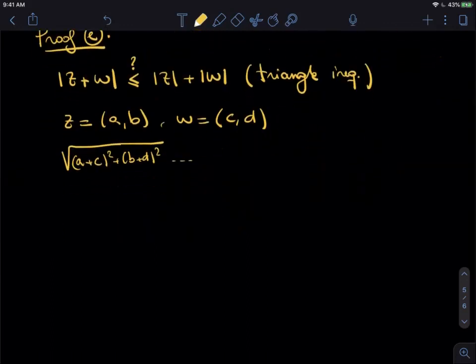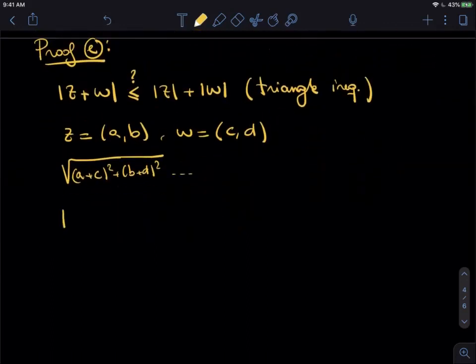So what we would like to do first is to look into the modulus of Z plus W squared. This always simplifies your life. And in this case, let's go straight for that property that says that the square of the modulus is the product of the number times the conjugate.